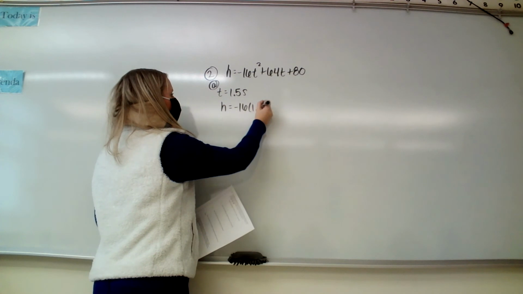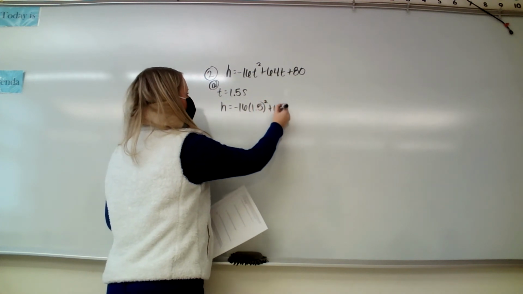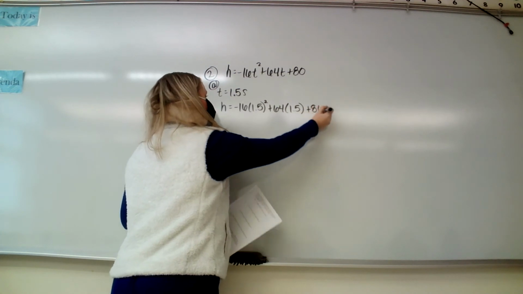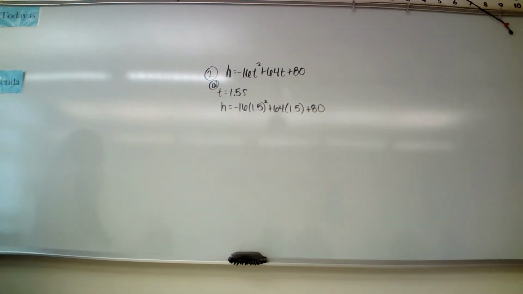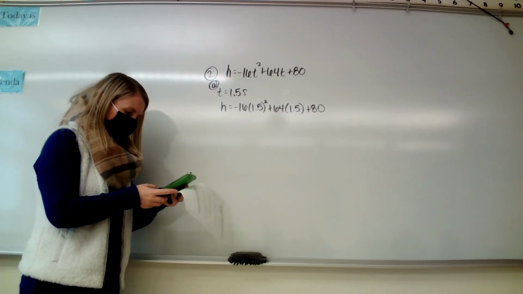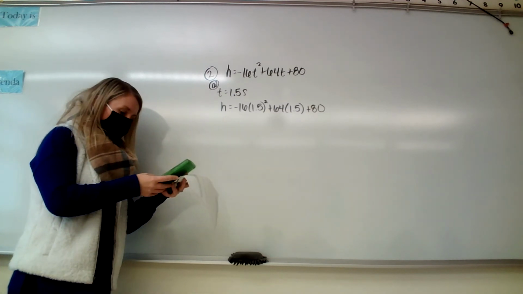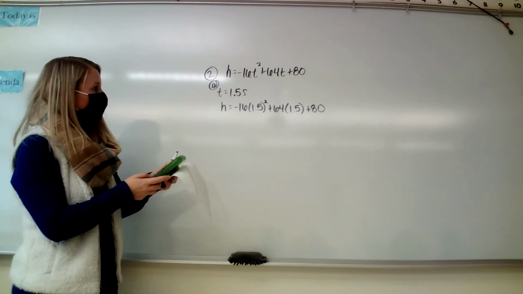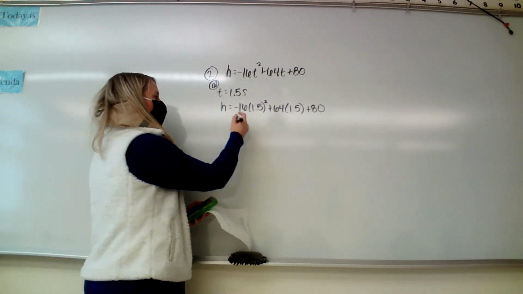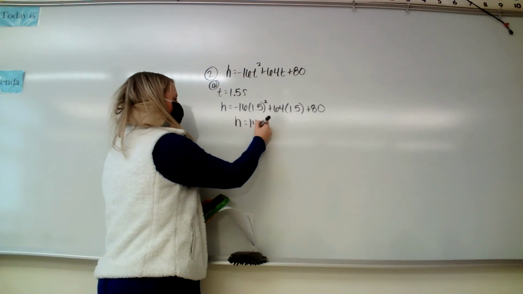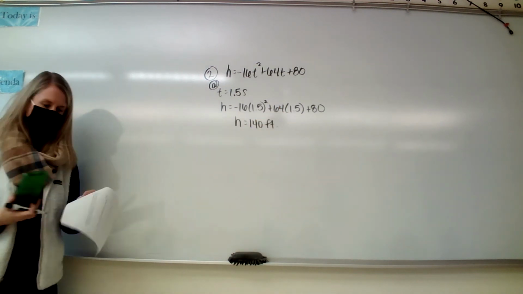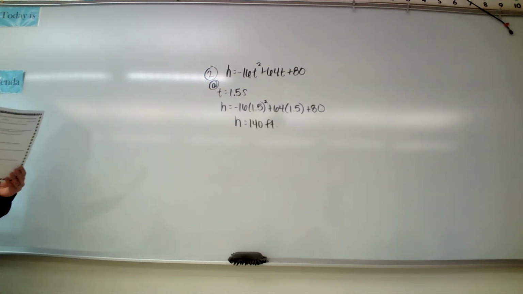They're quick, because you just throw it in and use your calculator to give you an answer. So A is always my fave. Let's see what we got. Plus 64 times 1.5 plus 80 is 140. So after a second and a half, it's at 140 feet. Fabulous, that one wasn't bad.